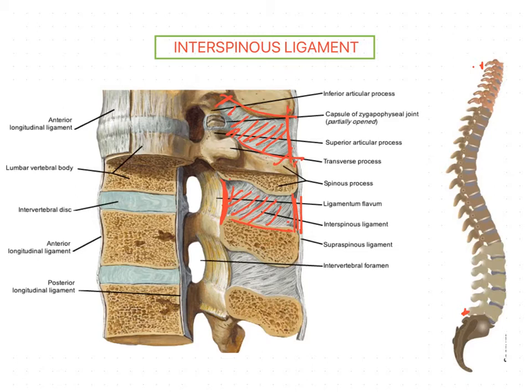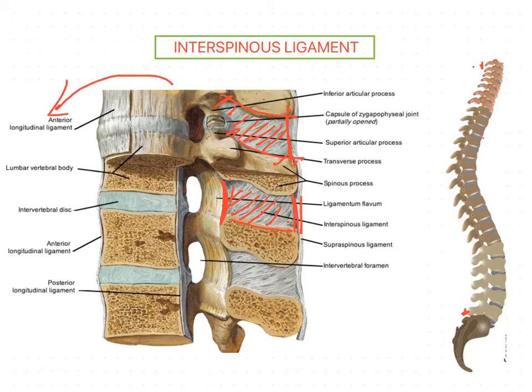If you look at the function of this ligament, it is one of the ligaments considered under the posterior ligament complex. So what happens during flexion of the vertebral column?